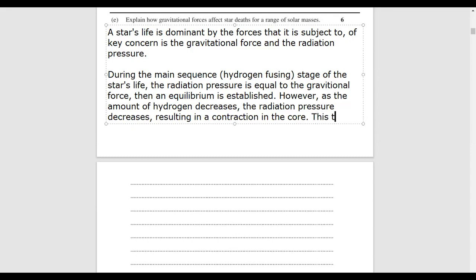This thus increases the temperature further and causes the helium to fuse.